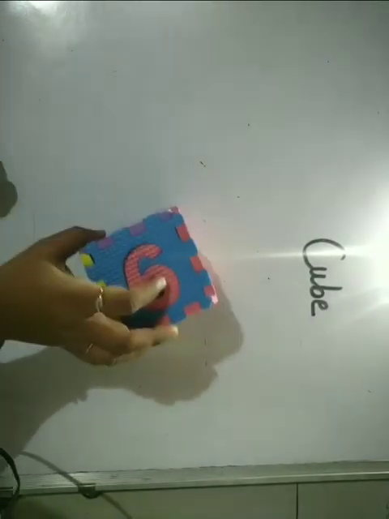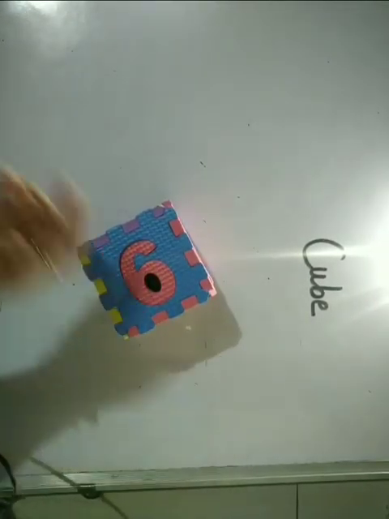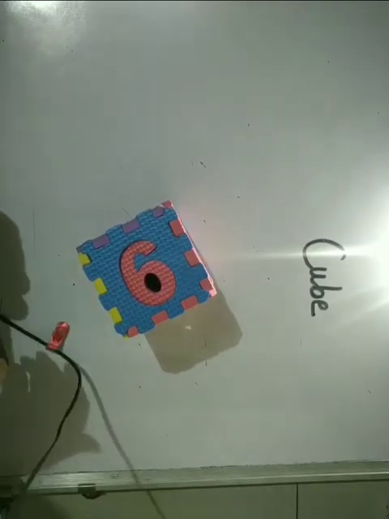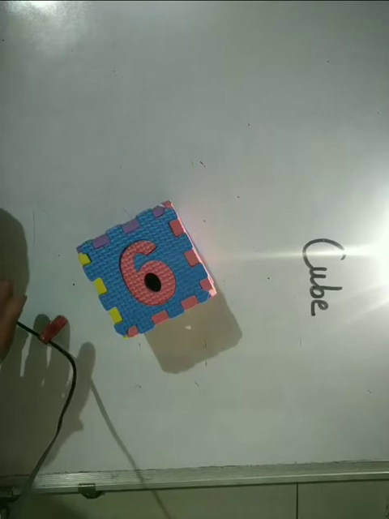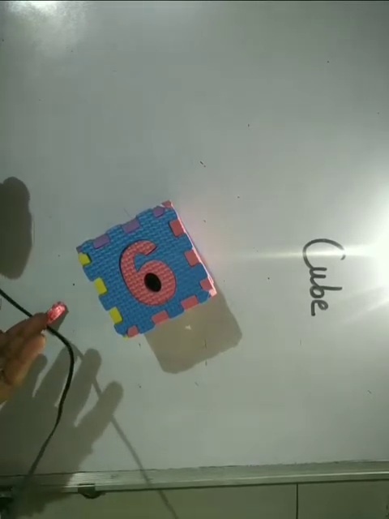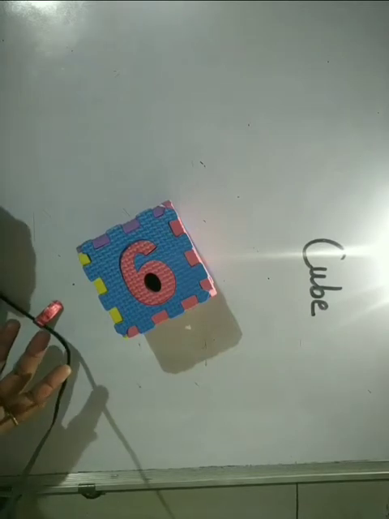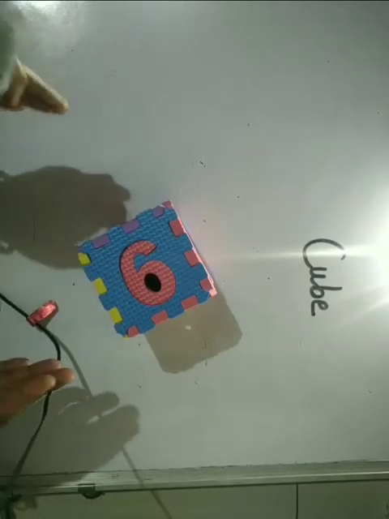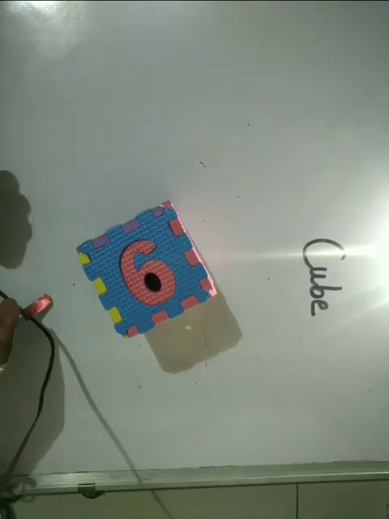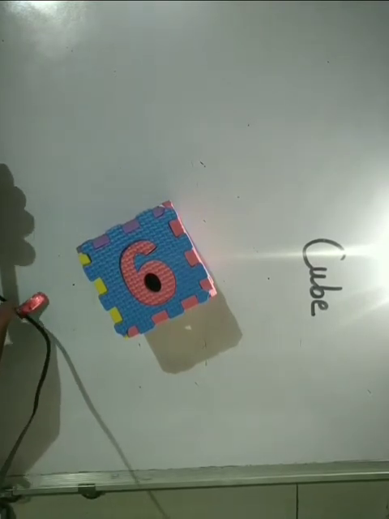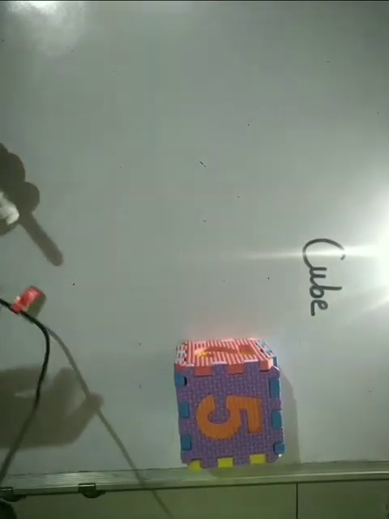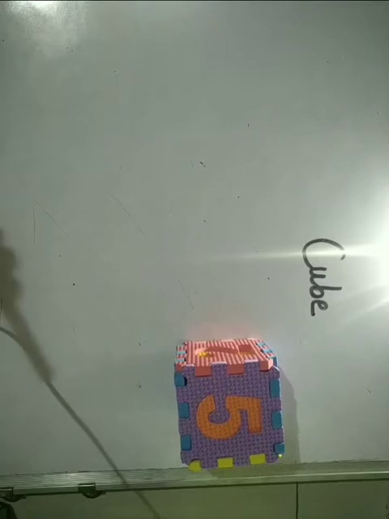So before going to the formula, first let's understand about this cubic shape. You must have seen many objects around you of cubic shape, like ice cubes, like dice of the Ludo. It is cubic in shape. There are some boxes which are cubic in shape. Okay, so let's see what is special about this cube and how to find its volume and area.